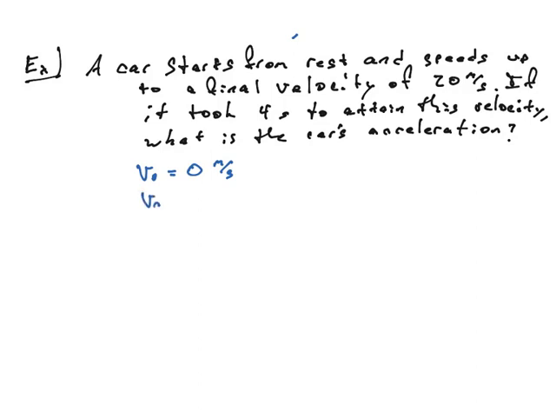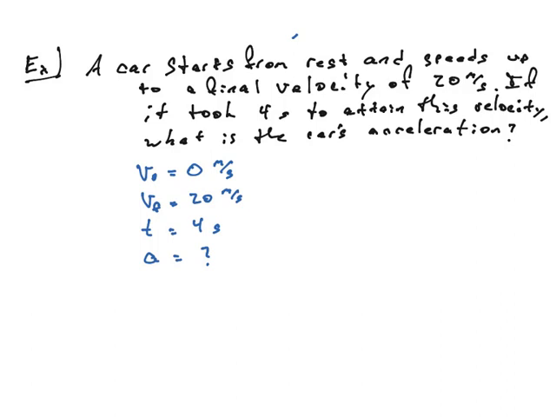Okay, so final velocity is 20 meters per second. If it took 4 seconds to do this, okay, so the time it took to change the velocity was 4 seconds. What is the car's acceleration? I'm looking for acceleration. All right, so now I've read the question, understood the system, found all the pieces of information that are given in the problem.